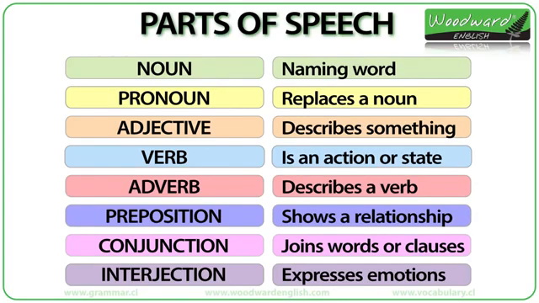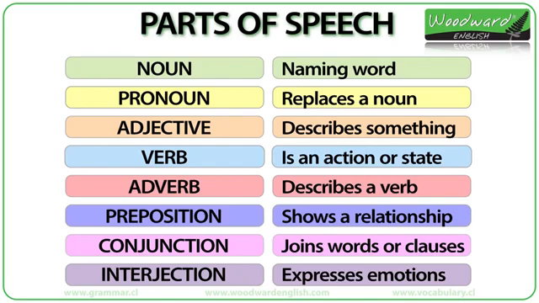In general, a noun is a naming word, which is the name of something. A pronoun replaces a noun. An adjective describes something. A verb is an action or a state of being.